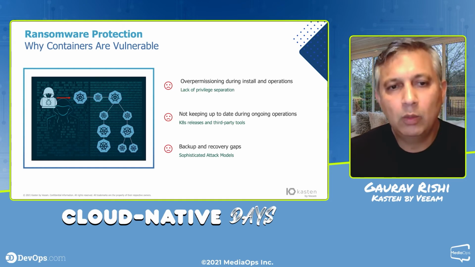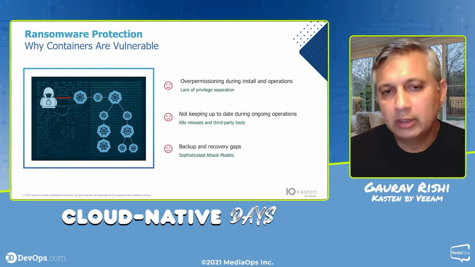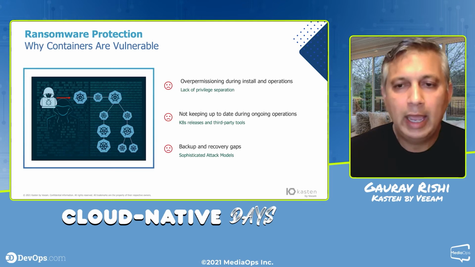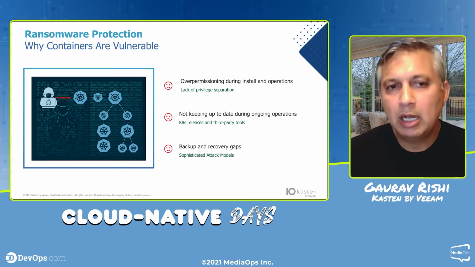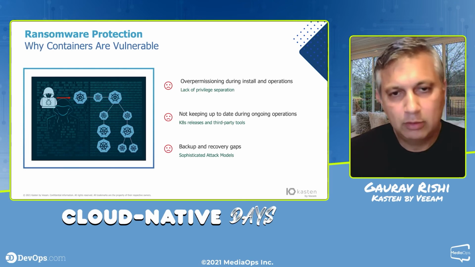The second reason why we see applications being vulnerable is, like I mentioned earlier, Kubernetes is a dynamic environment. You have a new release of Kubernetes coming up every quarter. And because of that, you have lots of enterprises who might not be keeping up to date with the latest security patches that come with the next version of Kubernetes.